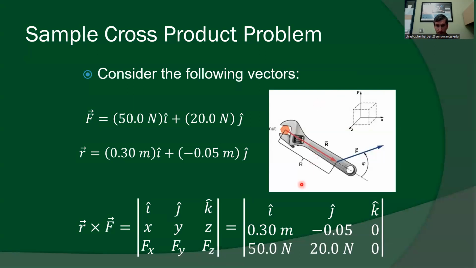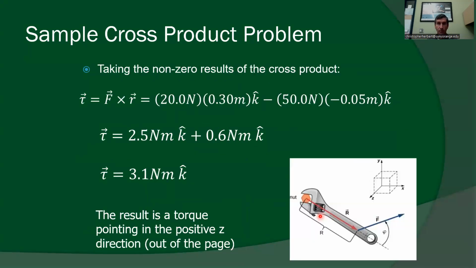Now, if I look at this, I'm only going to have a K hat component because this Z component is the 2x2 determinant of this right here. So we say 0.3 times 20 minus negative 0.05 times 50. The I hat and J hat components both have columns of zeros in them, so they're going to end up being 0. So it's actually an easy calculation to do because everything's in the Z direction.